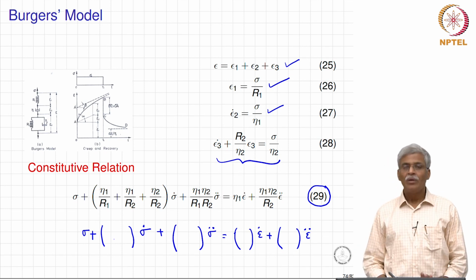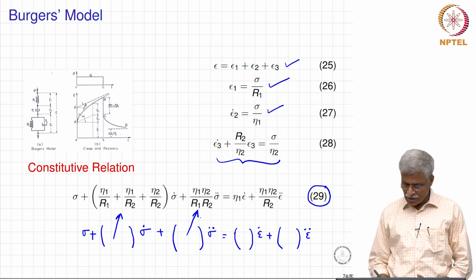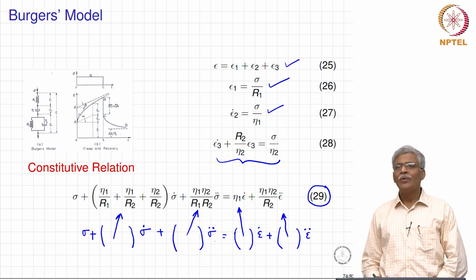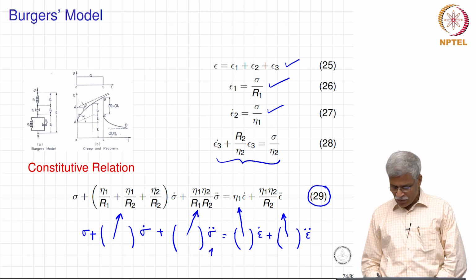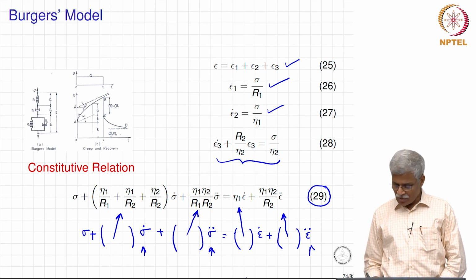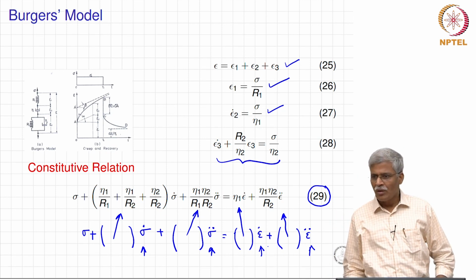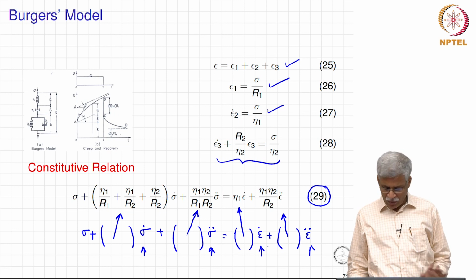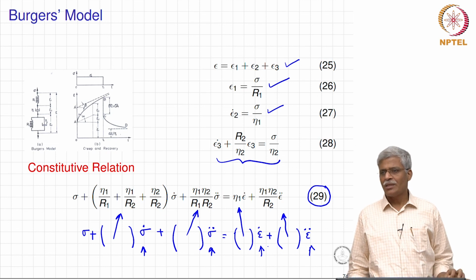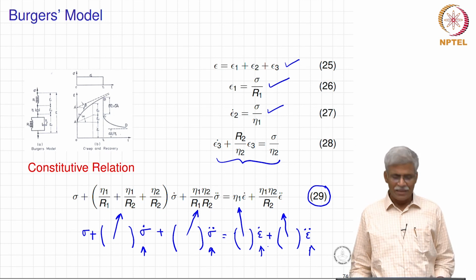You are going to have some material parameters here given by this and some other material parameters here given by this, and similarly for the strain. So, you are going to have a second time derivative of stress here, a first time derivative of stress, similarly a second time derivative of strain and the first time derivative of strain. So, you are going to have a second order ordinary differential equation in time for stress as well as in strain. The solution of this equation is necessary for us to find out how the creep and recovery response is going to be as well as the stress relaxation.